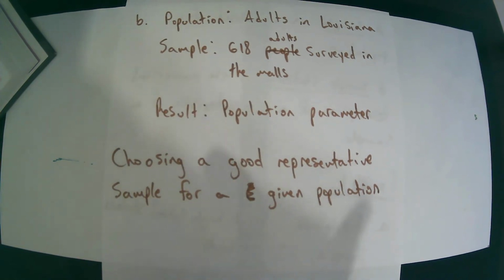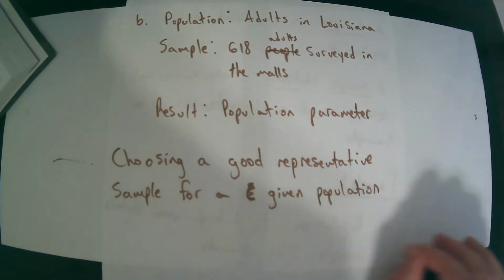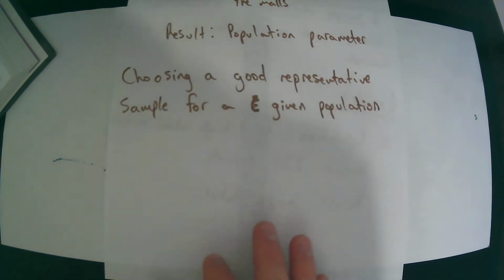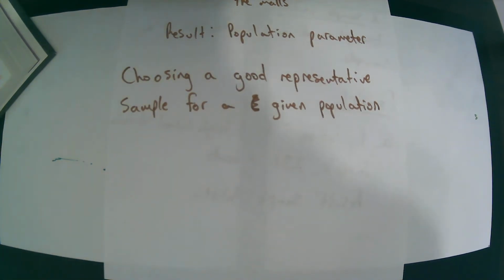So a representative sample, as a definition, just means what it sounds like. It should represent the given population. And how does it represent the given population? It should share the same characteristics that you care about measuring with the population. Phrased another way, it should not favor one group in the population over another.